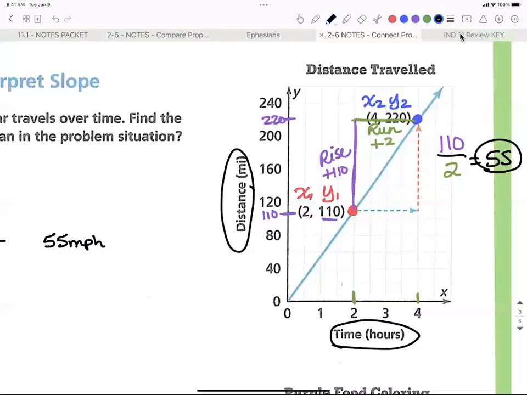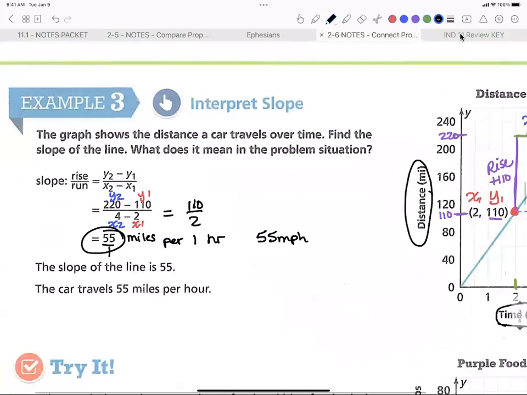It just depends on what story your graph is telling. So you really have to look at how is your y-axis named and how is your x-axis named to be able to interpret a slope and say this particular slope means that this person moves 5 buckets of sand per hour, okay? Or whatever it might be. It just depends on how your graphs are labeled, okay?